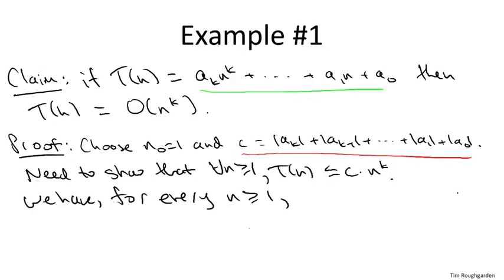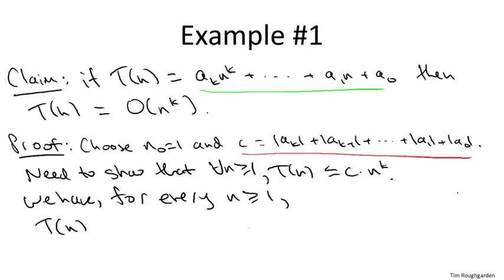So we're going to start on the left-hand side with T(n), and now we need a sequence of upper bounds terminating with c times n^k for our choice of c, underlined in red. So T(n) is equal to this polynomial underlined in green. So what happens when we replace each of the coefficients with the absolute value of that coefficient? Well, you take the absolute value of a number, either it stays the same as it was before, or it flips from negative to positive.